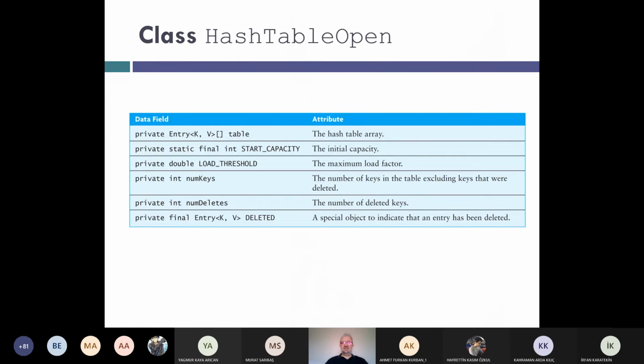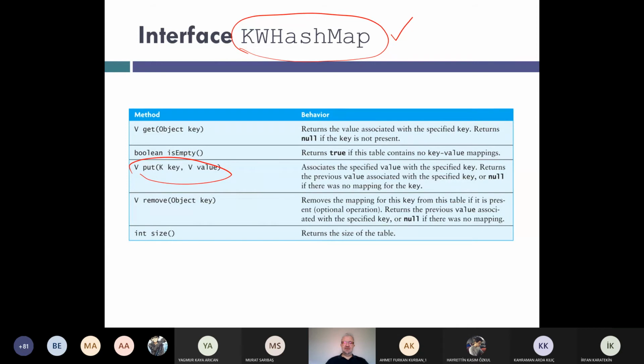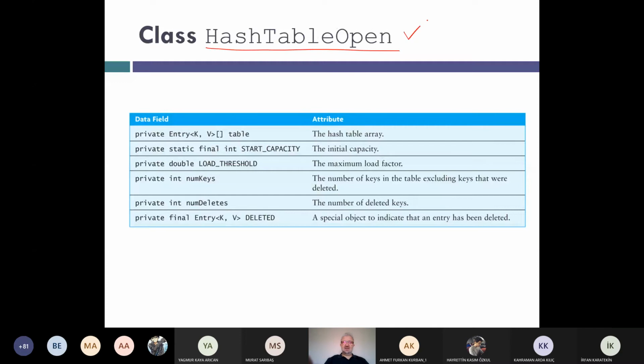We are going to talk about two implementations of the hash table. One is the open addressing implementation. The other one is the chaining implementation. In the open addressing implementation, here, the hash table open class implements the KW hash map interface. This interface will be implemented by the class hash table open. In this class, we have to keep a table of entries, which is an array of entry.